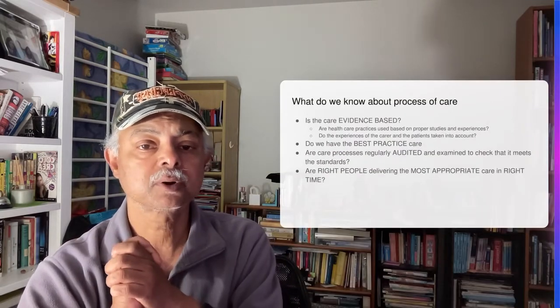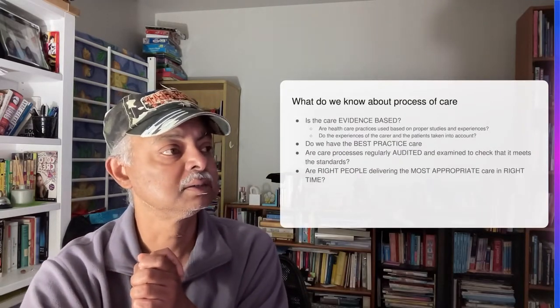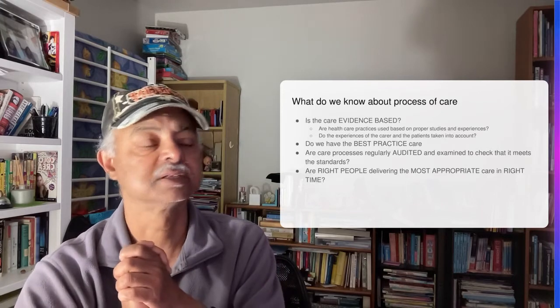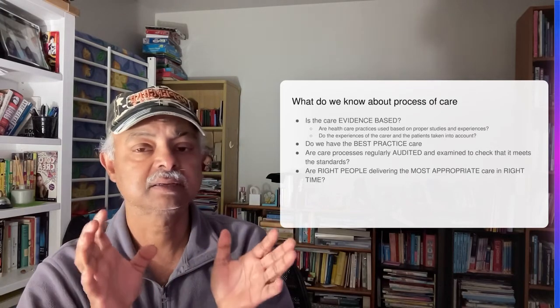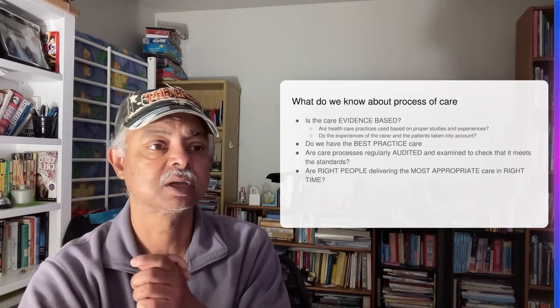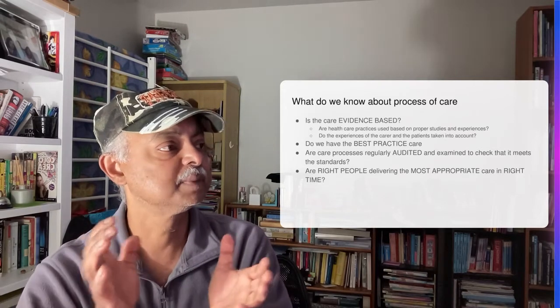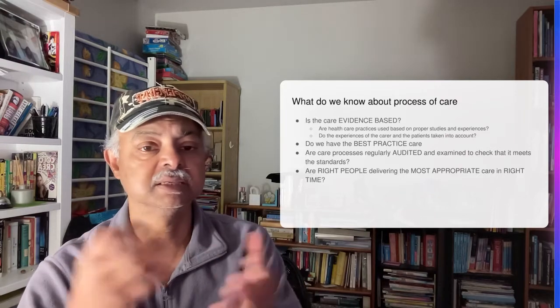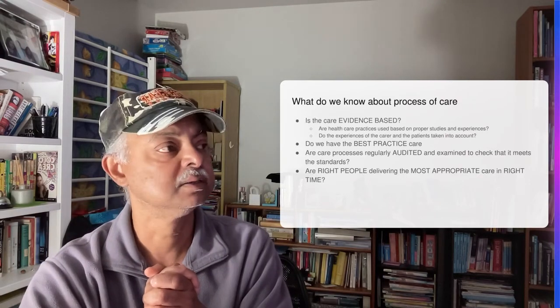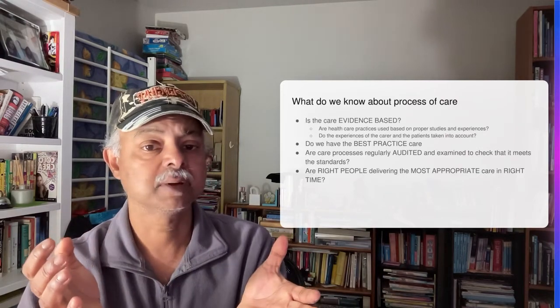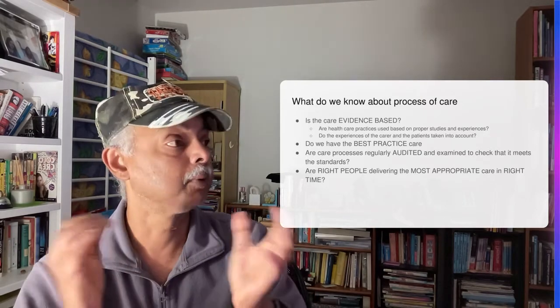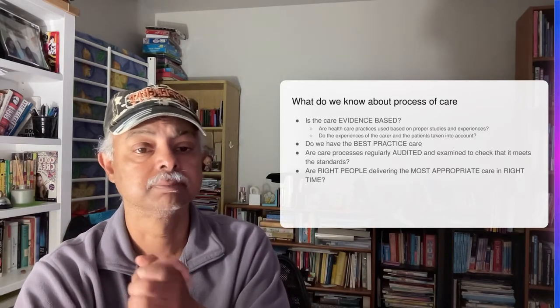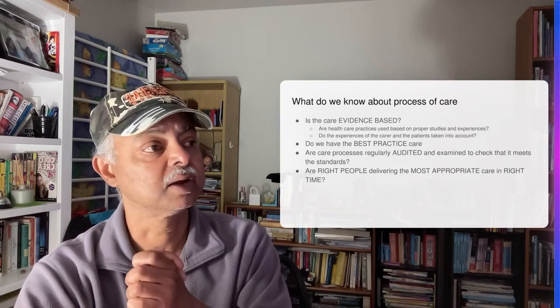In terms of the process of care, we generally talk in terms of the evidence base of the care. So is the care that we are talking about based on an evidence base? I mean, is there good evidence? Is that based on studies that people have done? Are these based on best practices? More importantly, are the right people delivering the most appropriate care at the right time?